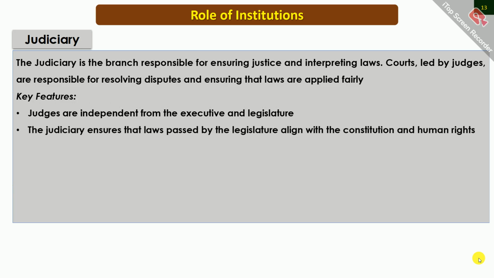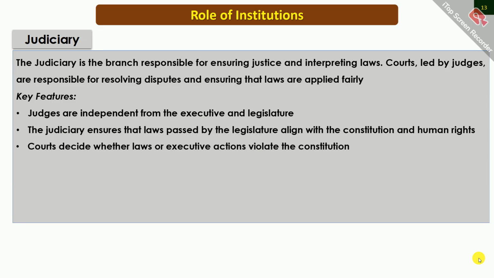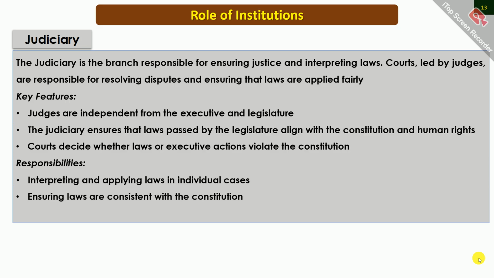The judiciary ensures that laws passed by the legislature align with the constitution and human rights. Courts decide whether laws or executive actions violate the constitution or not. Responsibilities of the judiciary are interpreting and applying laws in individual cases, ensuring that laws are consistent with the constitution, and protecting rights and freedoms for all.